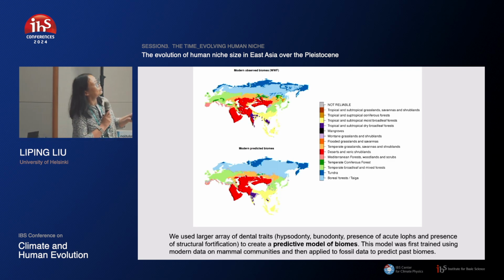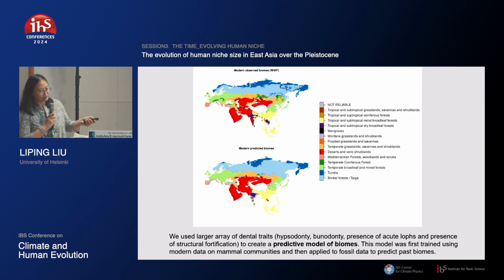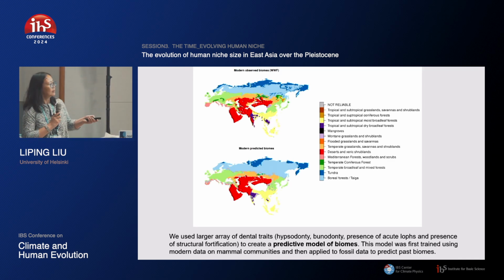This is the observation of the biomass, and this is our model prediction by the dental ecometrics. You can see that generally they match quite well, even though we lost some details, but generally it works very well.